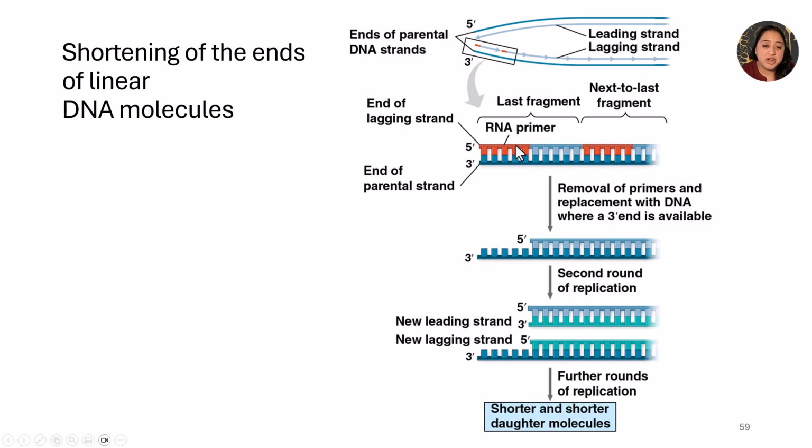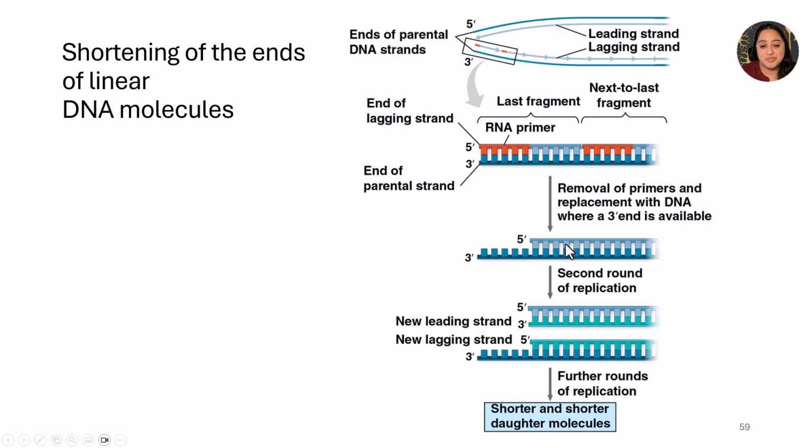But when that primer gets taken off, it would normally be replaced by DNA polymerase, but there's nothing up here to keep building off of. And you can't add stuff at the 5' end over here. You have to add stuff at the 3' end, but there's nothing before this strand. So it can't build more here.